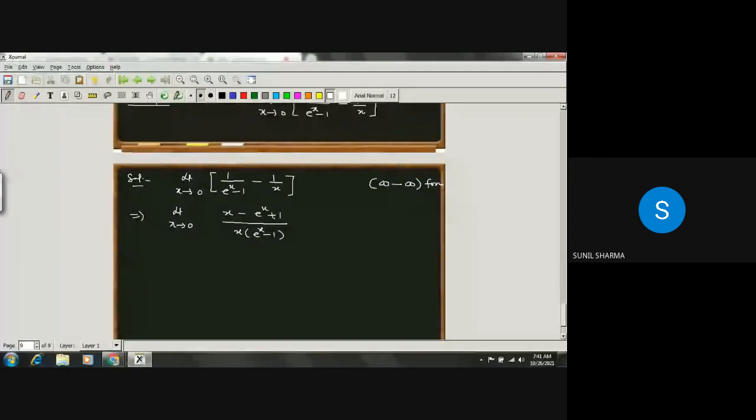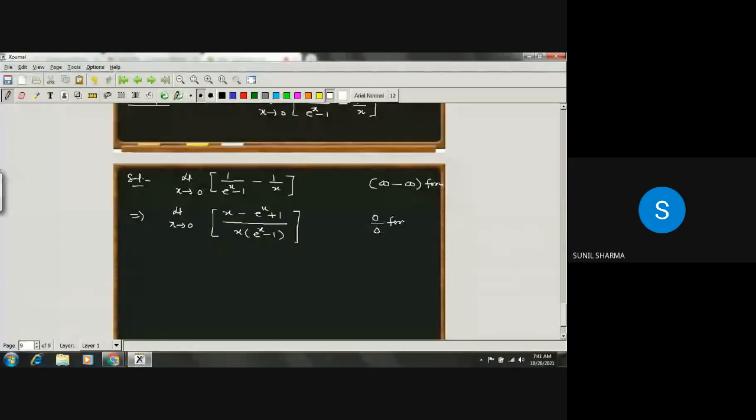Okay. So now if we put x equal to 0, now check this function. 0 minus e की power 0 is 1 plus 1. So numerator becomes 0 and denominator 0 multiplied by any number is 0. So now it is in the form of 0 by 0.